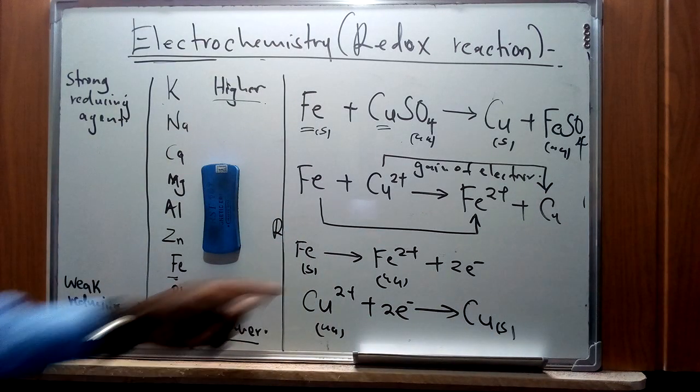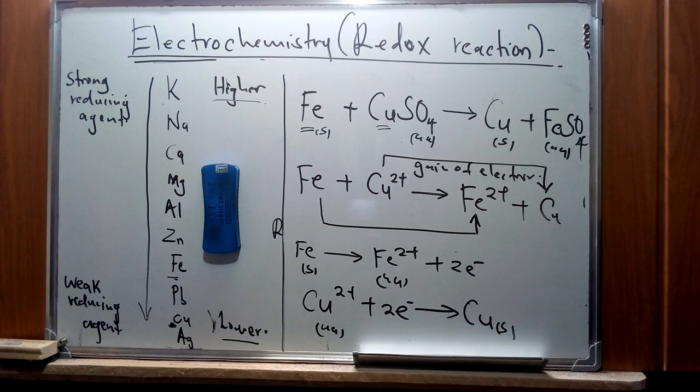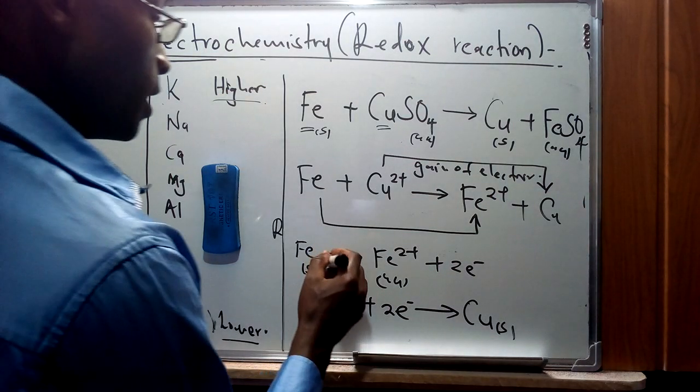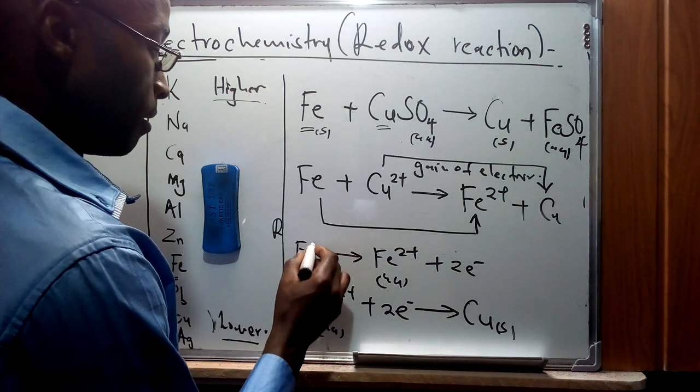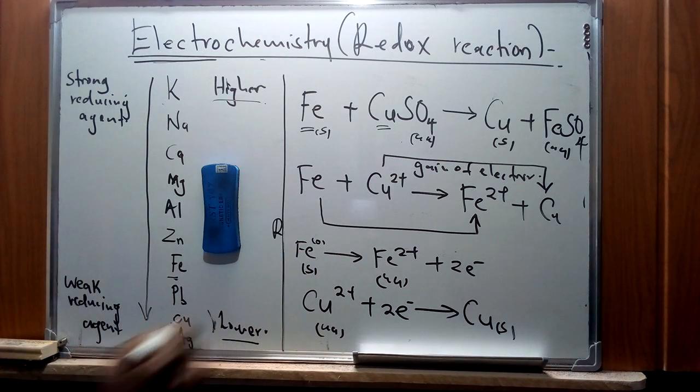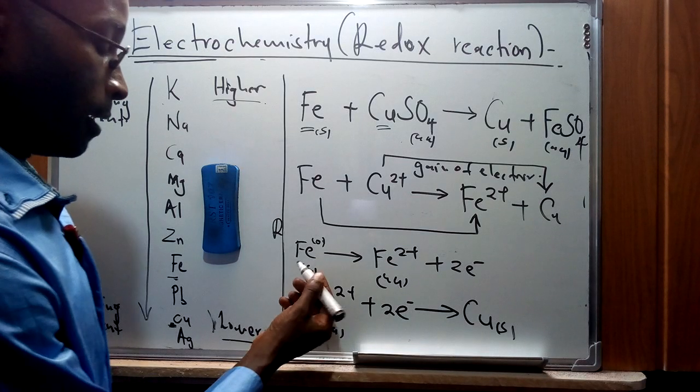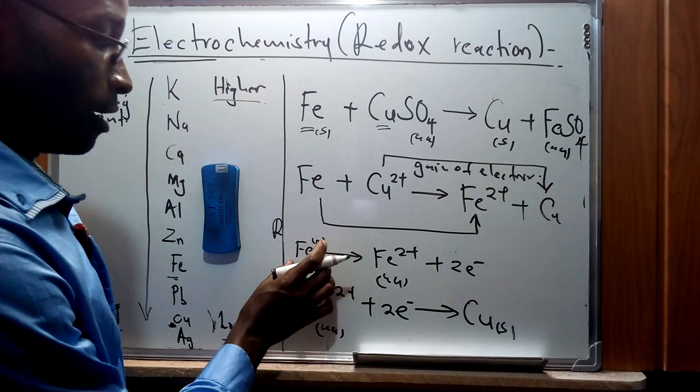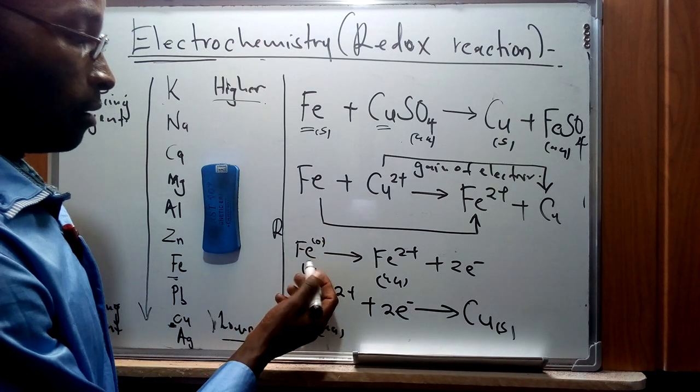So those two specific reactions are known as ionic equations, and there's a change of oxidation number for iron from 0. For an element or a compound, we're going to see there are different oxidation states, but for this I can just mention that the oxidation number for iron in this state is 0.